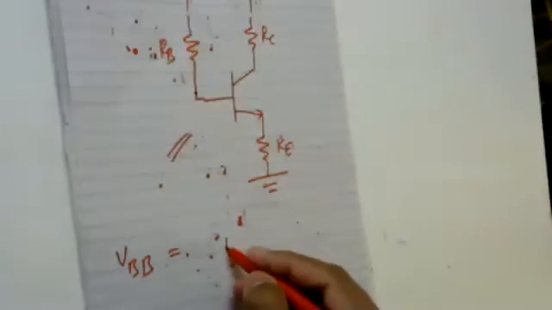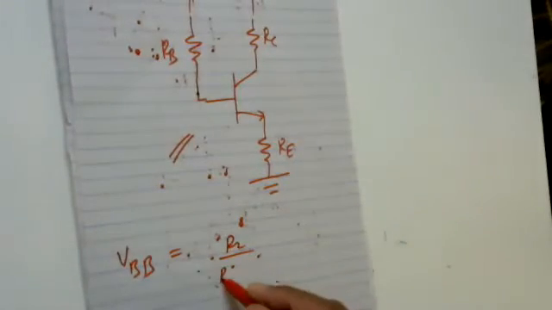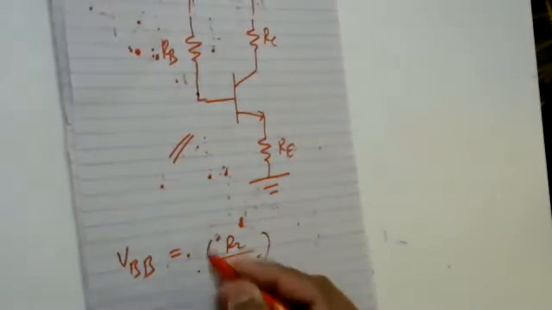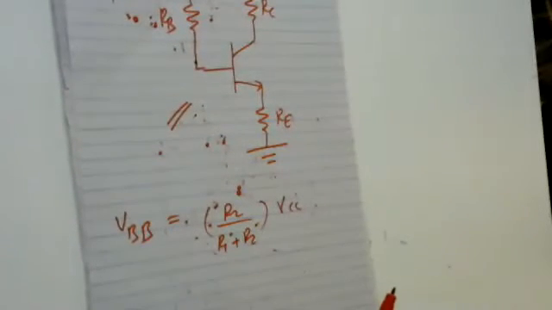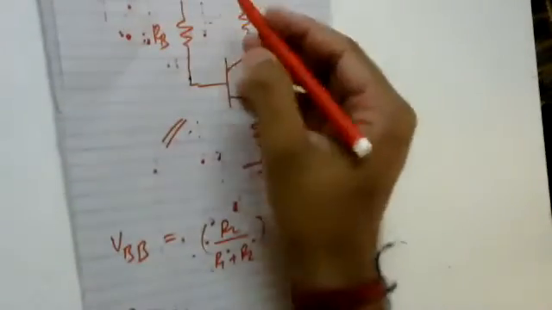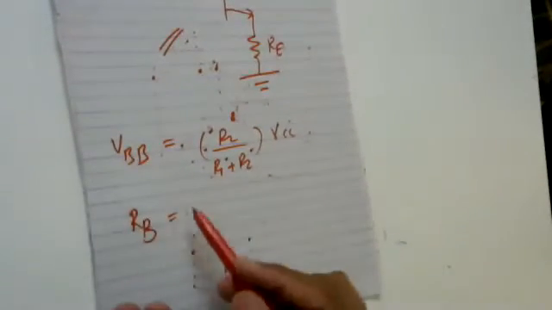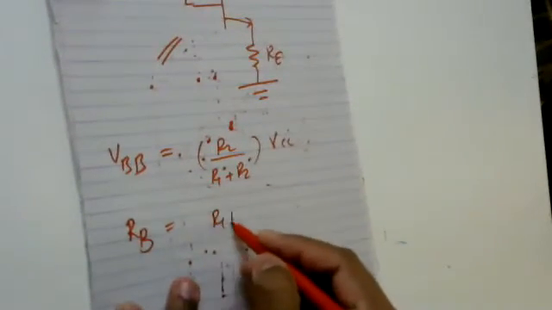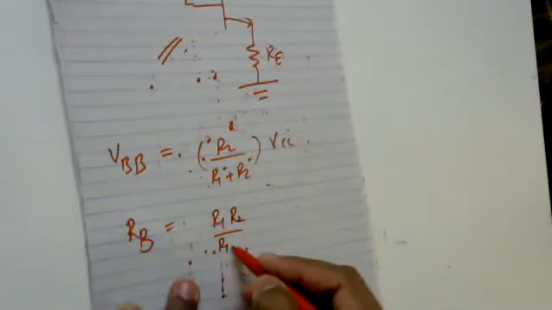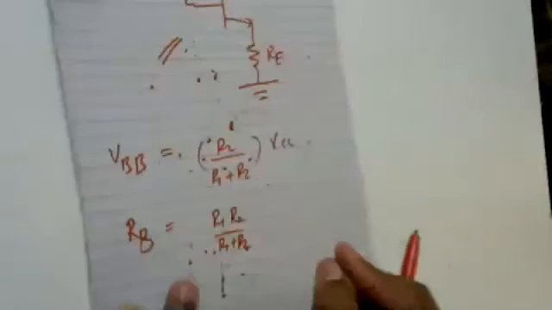So I can write this as R2 divided by R1 plus R2 into VCC. This is the equation for VBB. Then we have written the equation for RB: this base resistance should be equal to R1 in parallel with R2. So the effective value of RB is R1 into R2 divided by R1 plus R2.